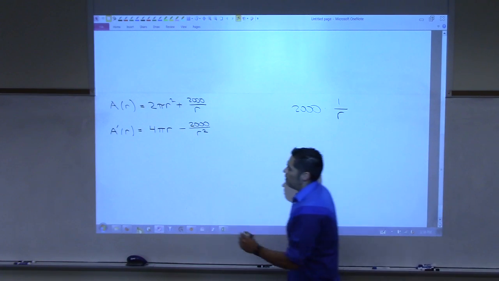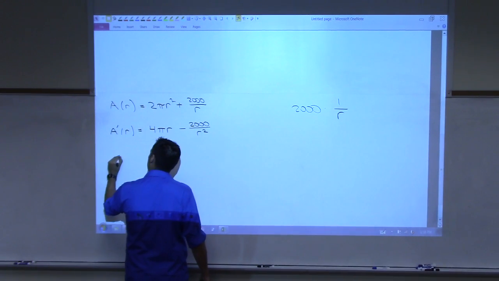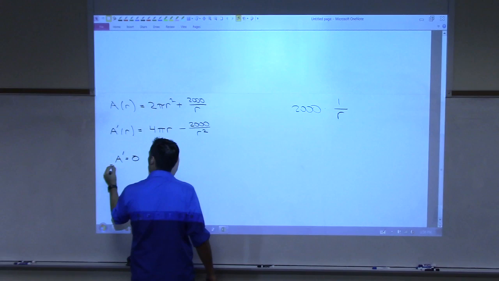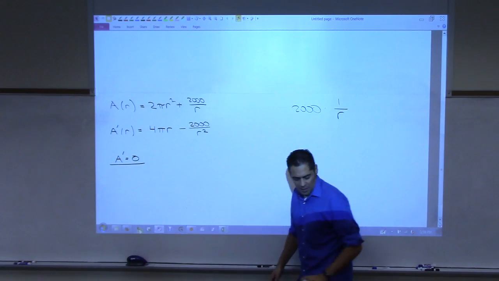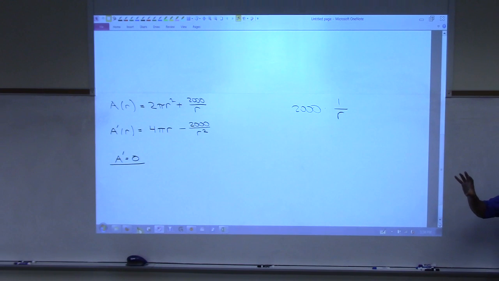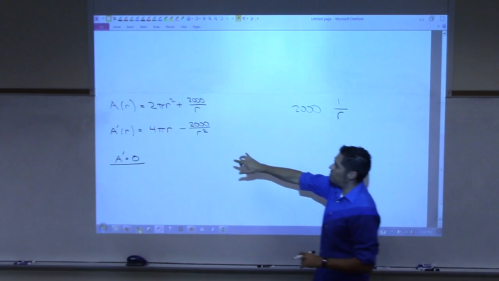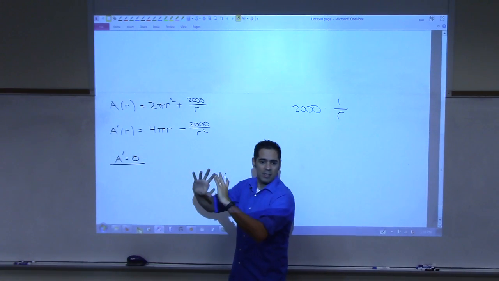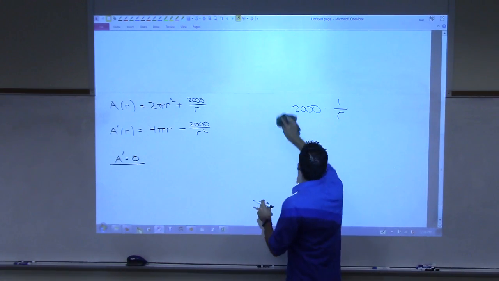And now I'd like to set that derivative equal to 0. And what have I told you about setting derivatives equal to 0? When you have two terms like that, I've always said it's a good idea to get a common denominator, like put them together, right? If you have fractions here, just combine these together real quick. So I'm going to do that up in this step.